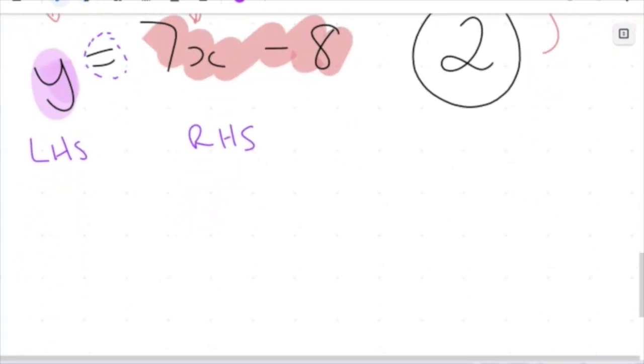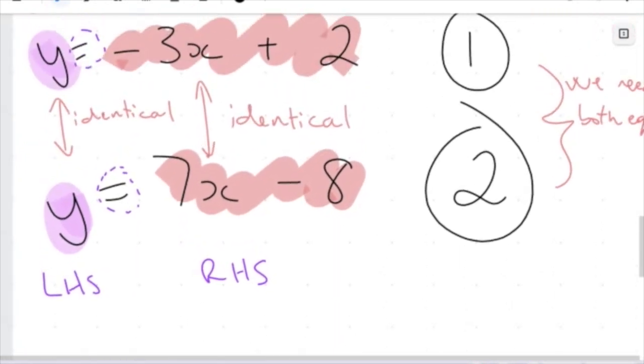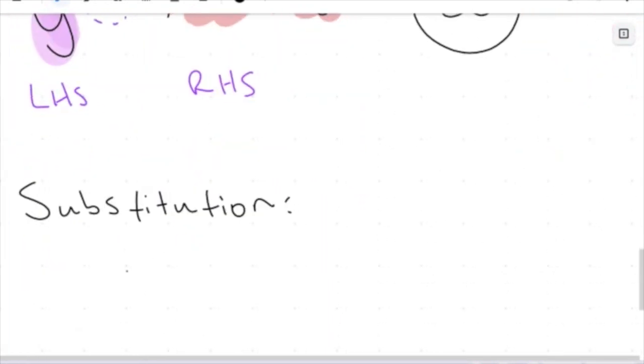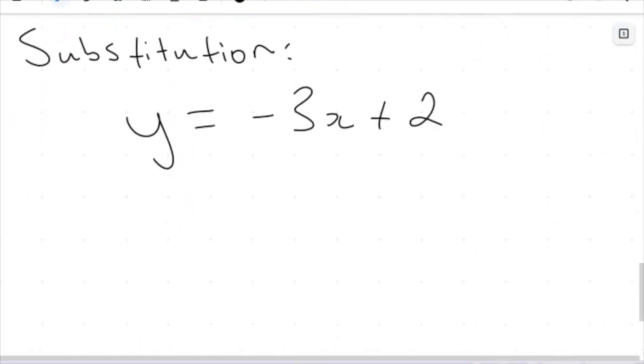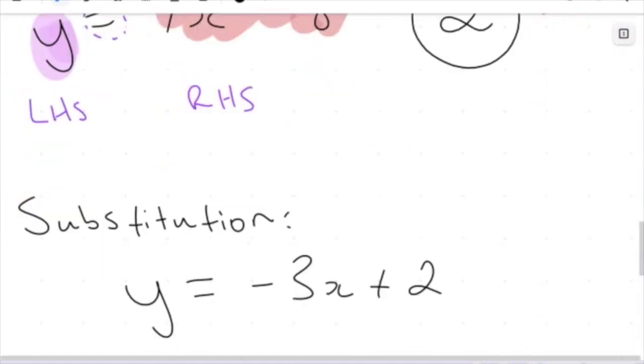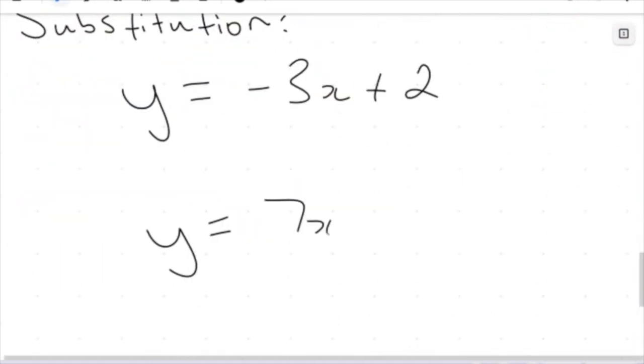And this is where the idea of substitution comes into play. So I have my expression, y equals minus 3x plus 2. Now I have y equals 7x minus 8.